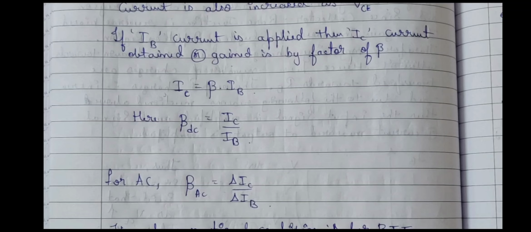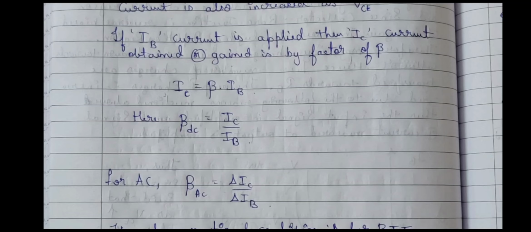We know what beta means. Beta means the amplification factor, which we saw in the working of BJT, and we know the relation between the collector current and the base current, that is IC equals beta IB.